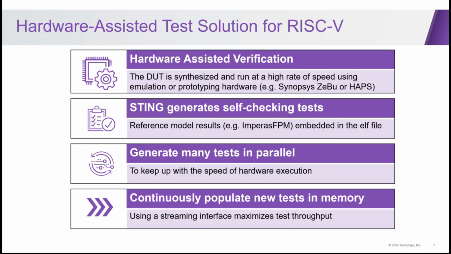Instead of generating a test, loading it to ZeBu or your emulation, then done, generating another one, loading it, and checking the result, what we want to do is maximize the parallelism from both test generation, emulation, and the integration of test generation and the emulation.